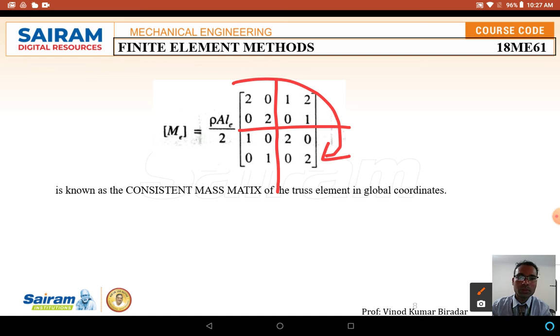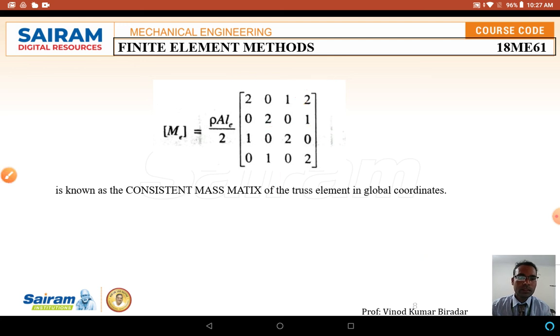Now this is 1 0 0 1, and wherever this block is as it is, you write it, but in this corner you write 2. Like this you have to remember this formula. This is the final equation for the consistent mass matrix for the truss element, very important for numerical problems on the truss element in dynamic consideration.